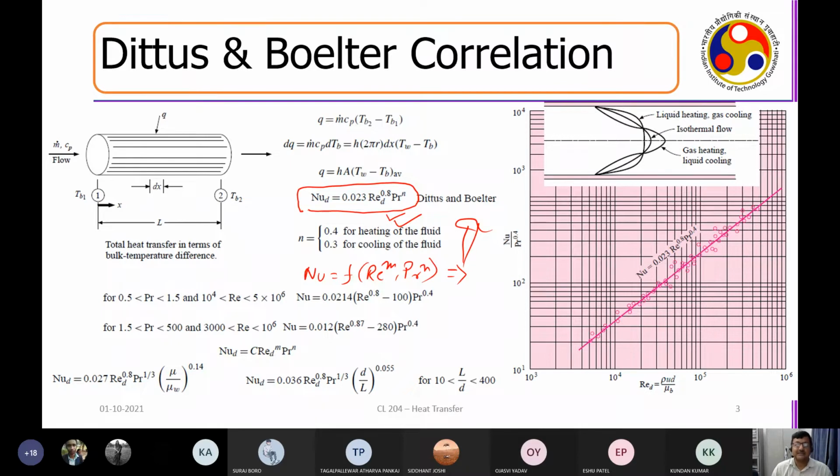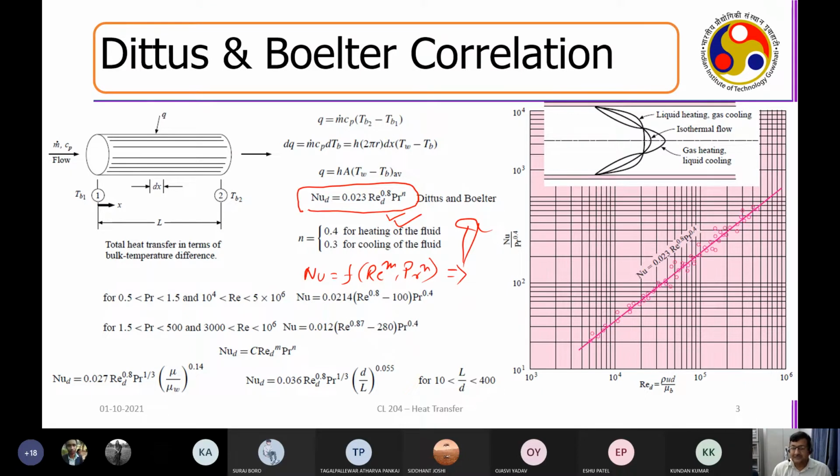Once you have the heat transfer coefficient, you can calculate the convective heat transfer. And given the other properties, you can also calculate the thermal conductivity and the conductive heat transfer. Now, if you combine them, you are able to model, for a given geometry, the convective and conductive heat transfer, right? So this is one parameter.